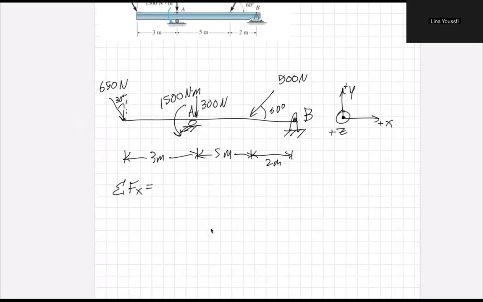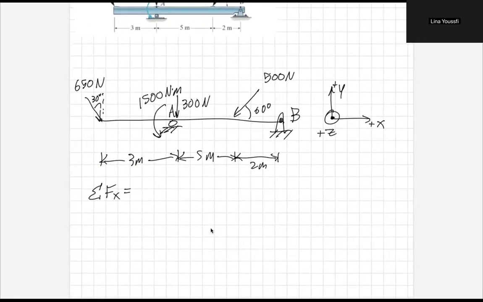First I'll sum forces in the x direction. That's 650 times the sine of 30 minus 500 times the cosine of 60, which gives me a 75 Newton force in the x direction.